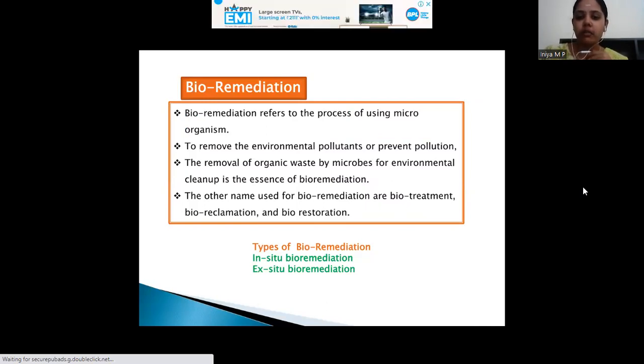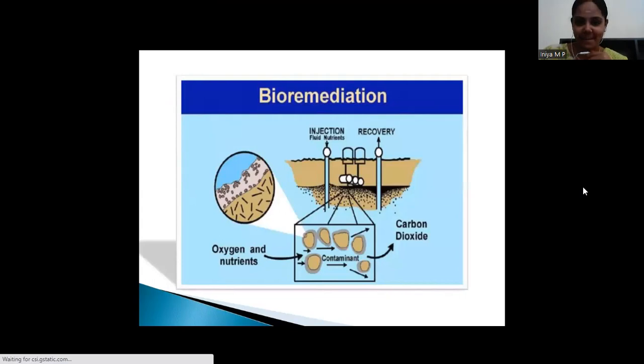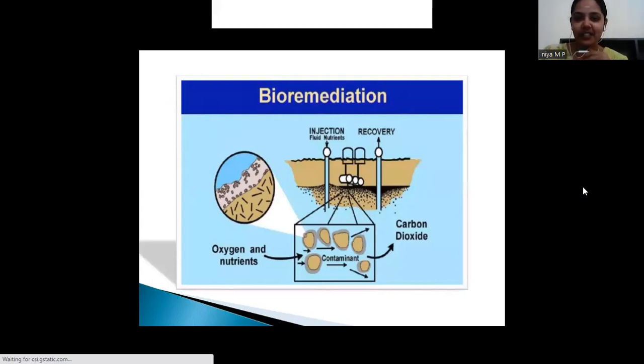Then the types of bioremediation are in situ bioremediation and ex situ bioremediation. Then the images shown about the bioremediation process: oxygen and nutrition, carbon dioxide, injection fluid, nutrients and recovery.